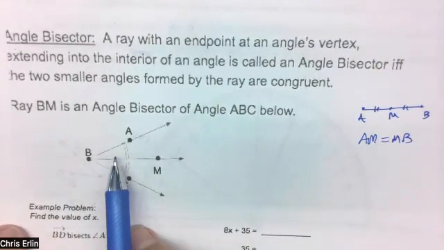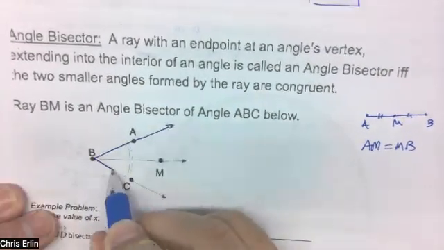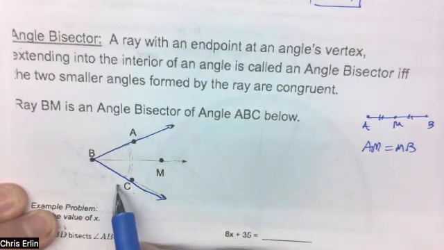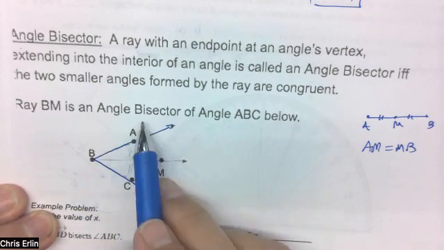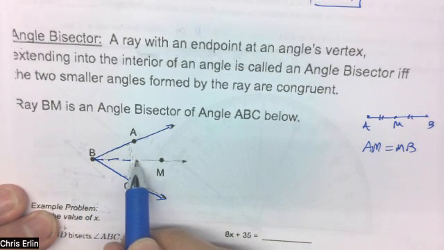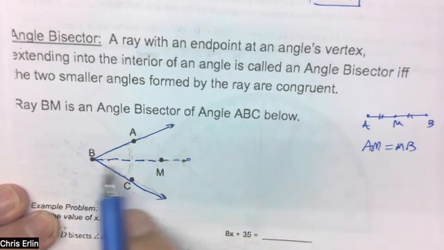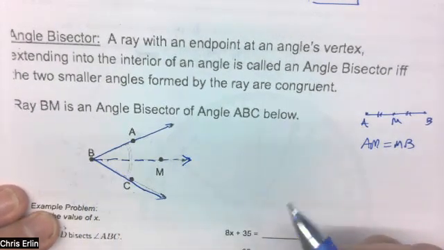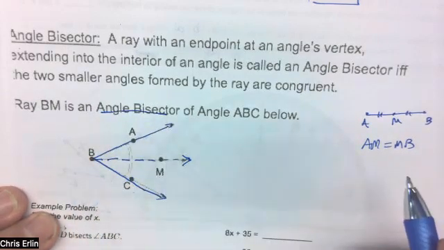Now we're doing the same thing with angles. If I have this angle, what should I name this angle? How should I call it? ABC would be a great way. CBA would work. I shouldn't call this one B because there's this thing down the middle that makes it unclear. So angle ABC is being split by ray BM, and it's being split such that BM is an angle bisector.